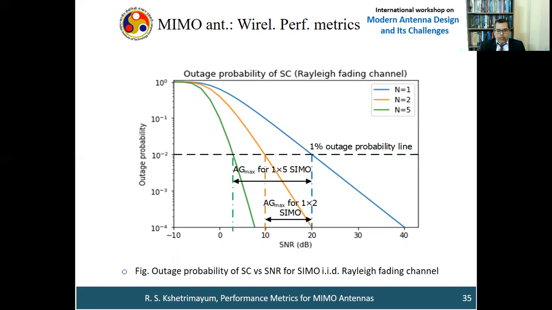The y-axis is outage probability and the x-axis is the SNR. So let us look at the outage probability for 1% outage. This curve is for the SISO system and this curve is for the SIMO system employing two antennas at the receiver.